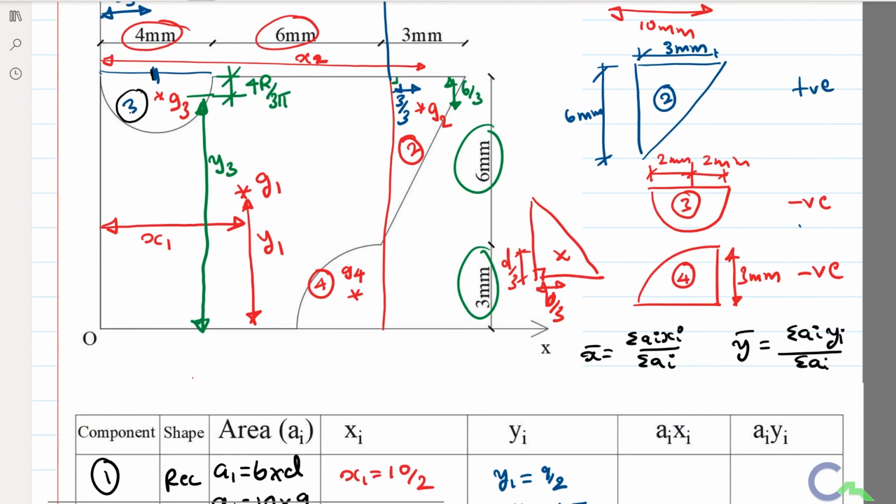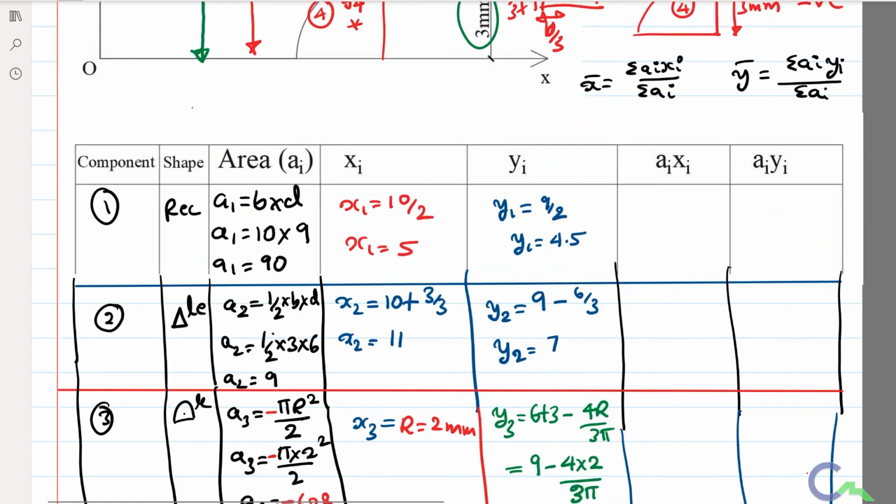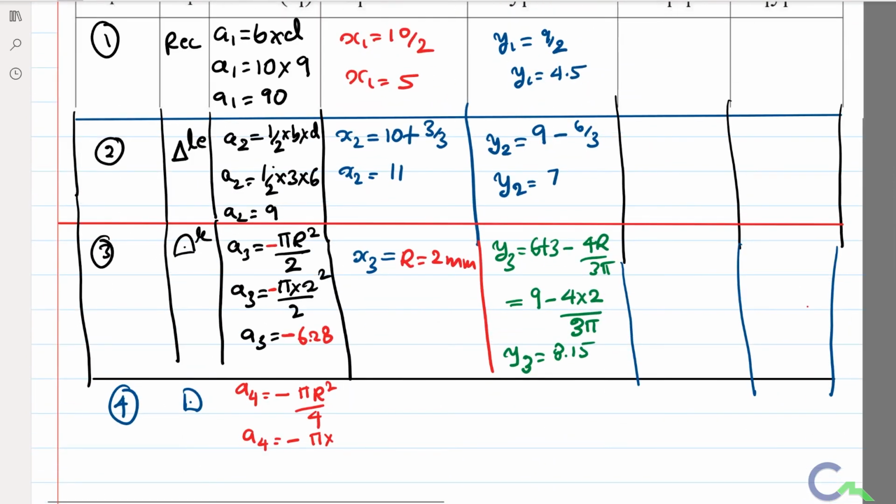We have the radius of the quarter circle as 3. Therefore 3 square divided by 4. Therefore A4 is equal to minus 7.06 millimeter square.